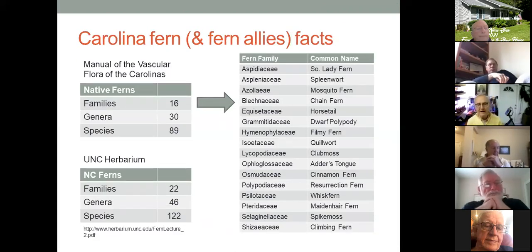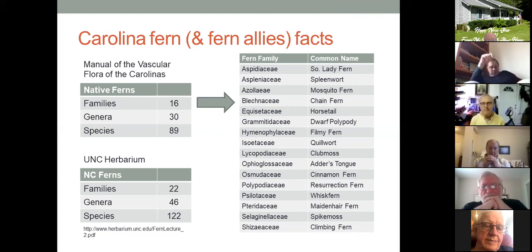If we focus on Carolina, I looked at two references for us. One, the Manual of Vascular Flora of the Carolinas, shows that from a native fern standpoint, there's 16 families, 30 genera, and 89 species. Comparing the other view, if you check out the UNC Herbarium website, they show that there's 22 families, 46 genera, and 122 species.